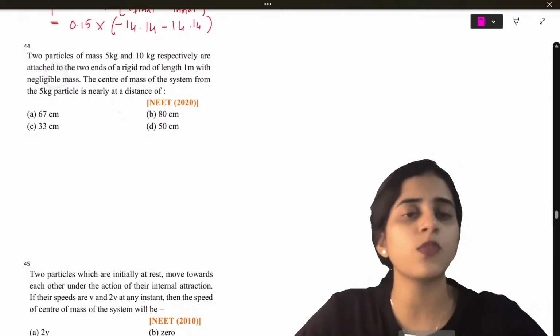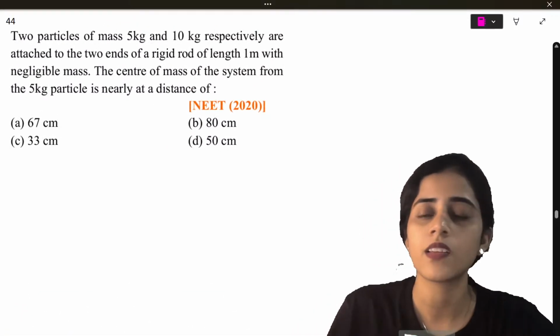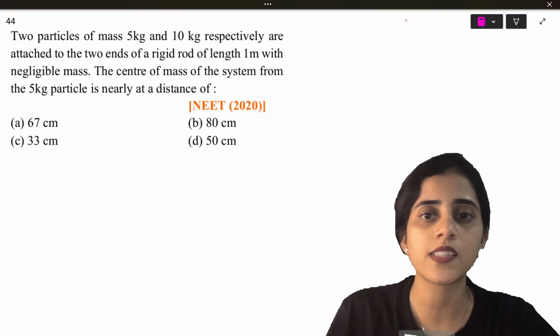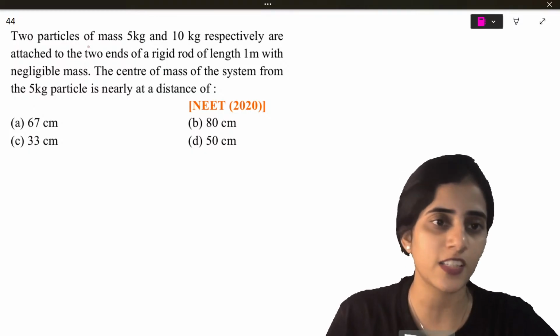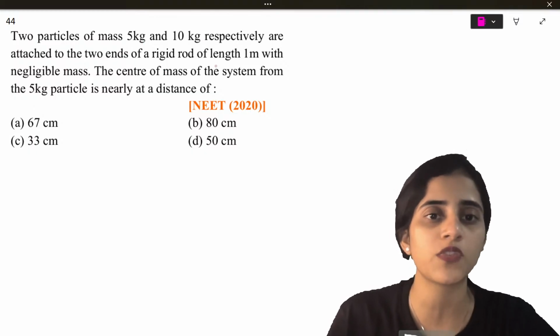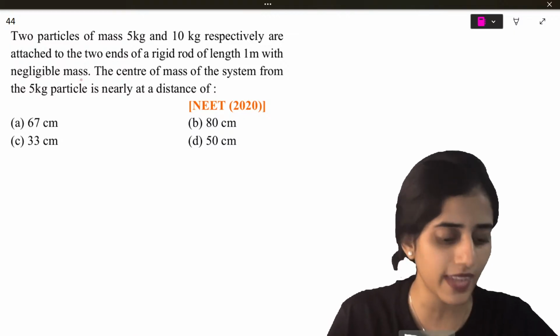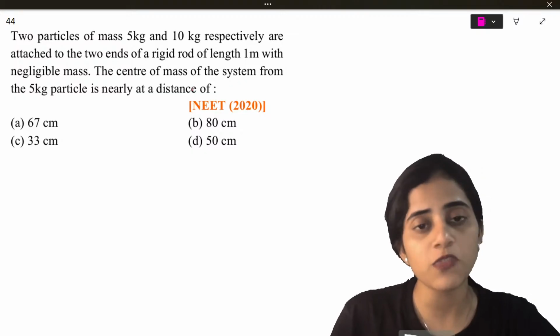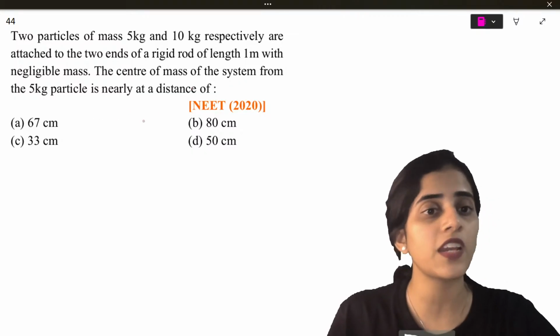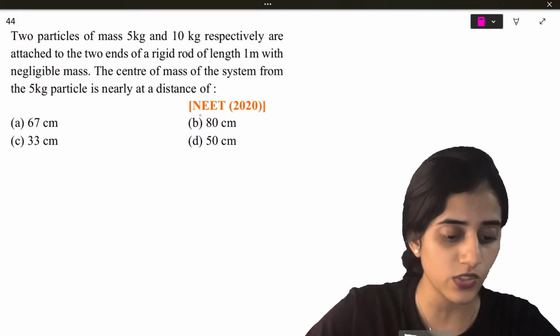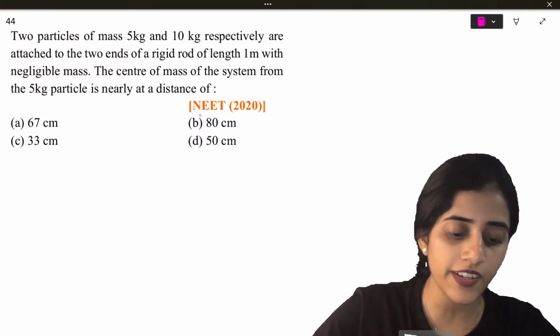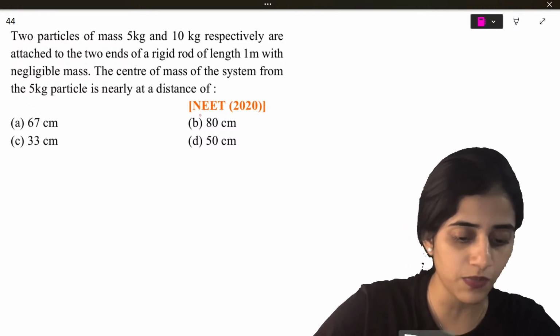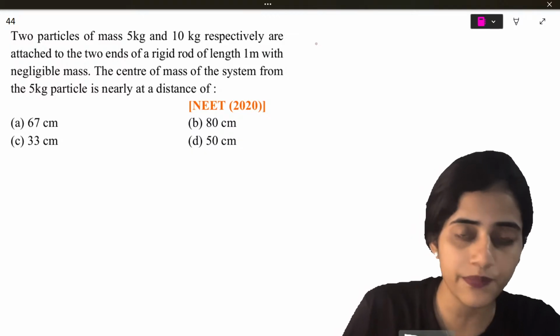Okay, let's move on to the next question. Two particles of mass 5 kg and 10 kg respectively are attached to the two ends of a rigid rod of length 1 meter with negligible mass. The center of mass of the system from the 5 kg particle is nearly at a distance of. For this question, I already told you these are all questions from the center of mass chapter. So what is the formula?